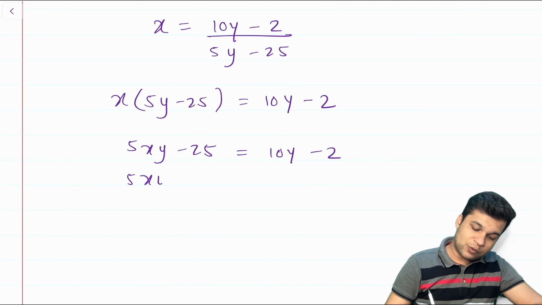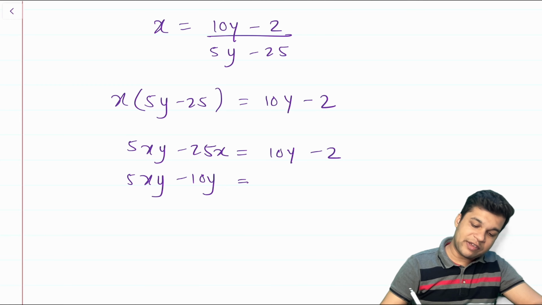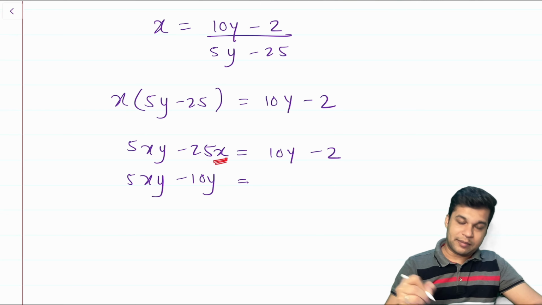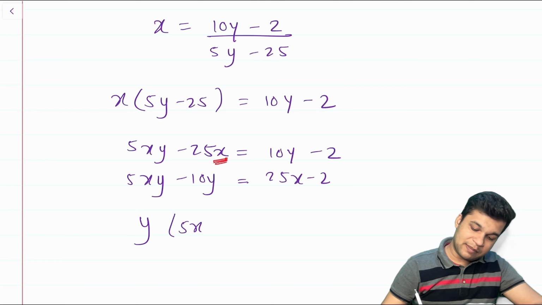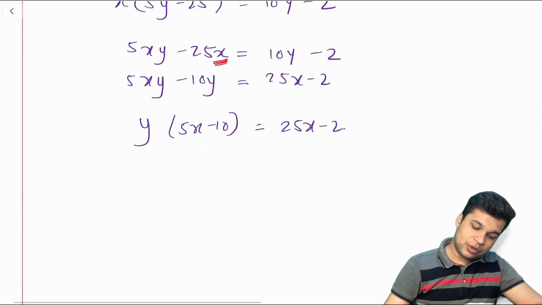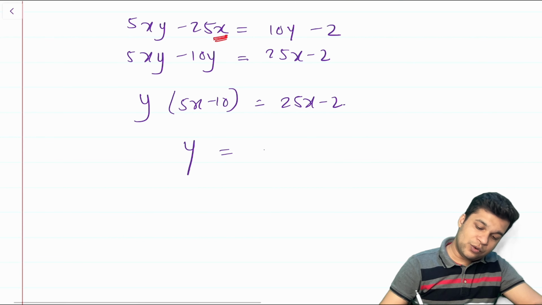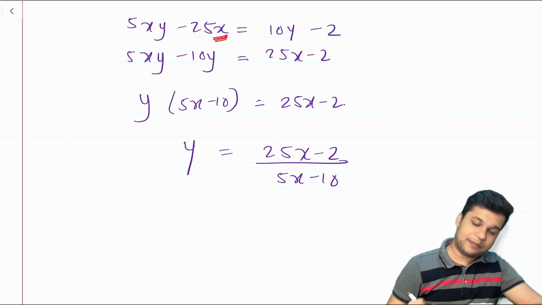So 5xy minus 10y equal to, this is 25x by the way, I forgot to multiply this x, so 25x minus 2. If I take y common, I get y times (5x minus 10) equal to 25x minus 2. So y equal to (25x minus 2) divided by (5x minus 10).